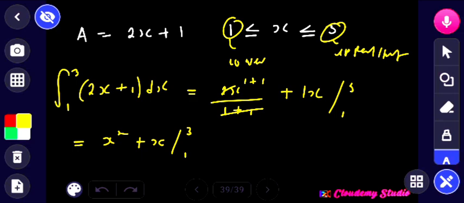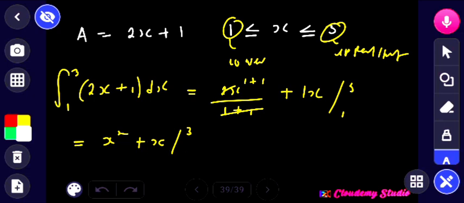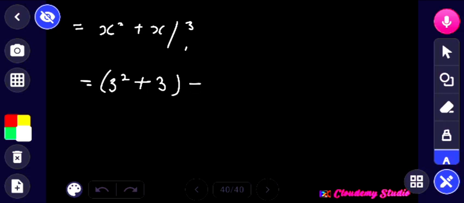You understand? Wherever you see x, put 3, minus wherever you see x, put 1. Which means you are substituting for x at upper limit 3, and substituting for x at lower limit 1 and subtracting from each other. It is now going to give you 3 raised power 2 plus 3, minus, upper limit minus lower limit, 1 raised power 2 plus 1.